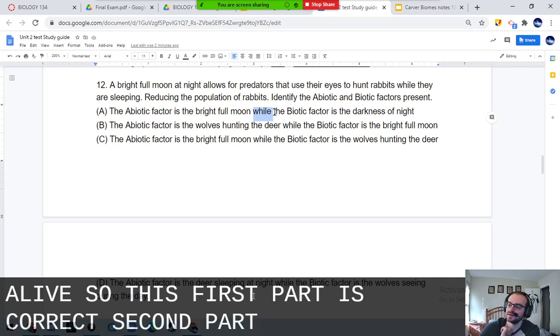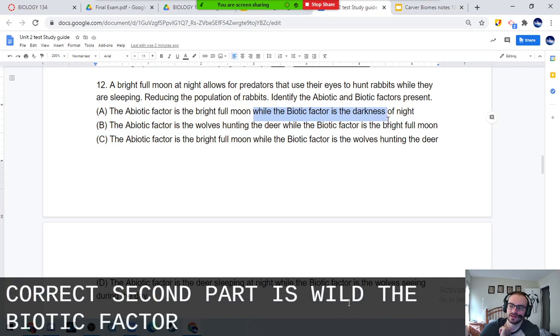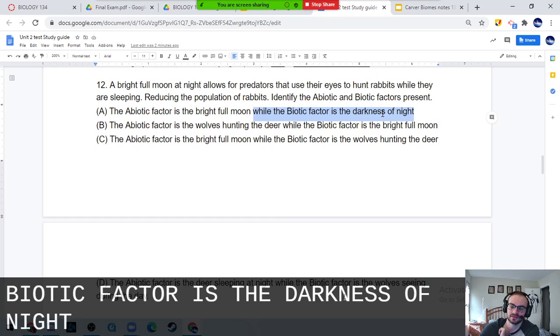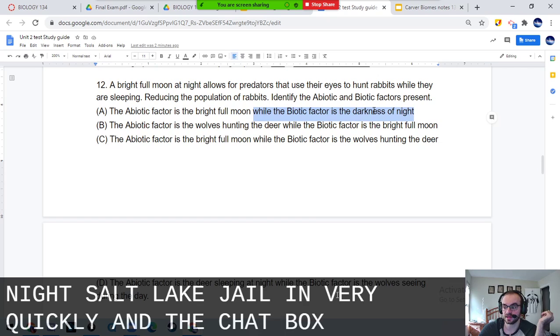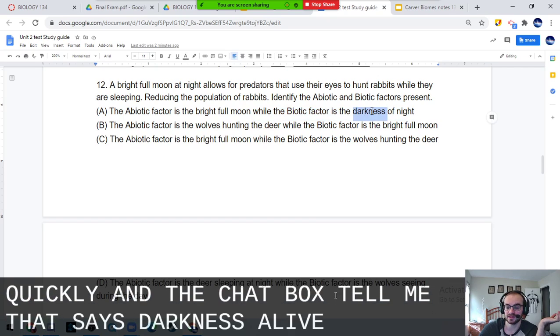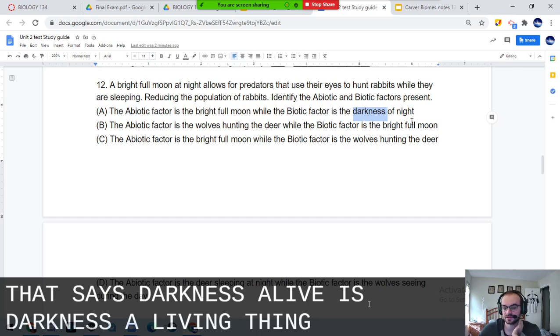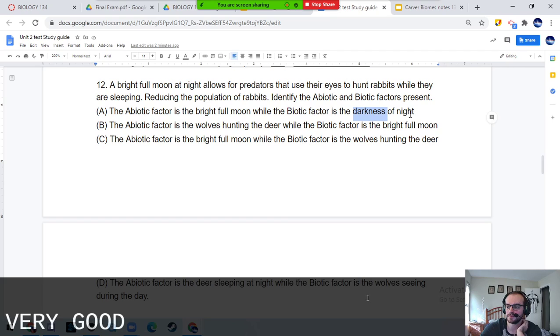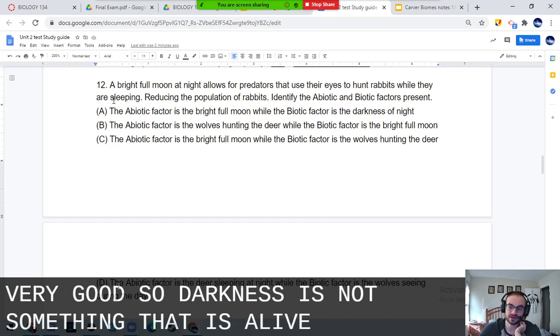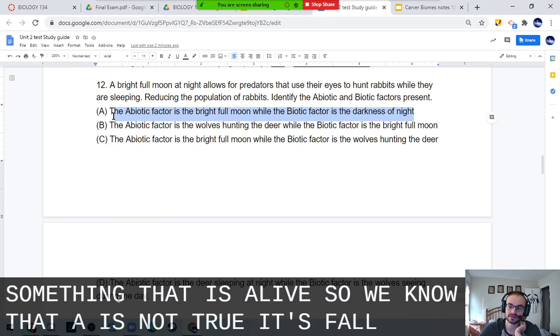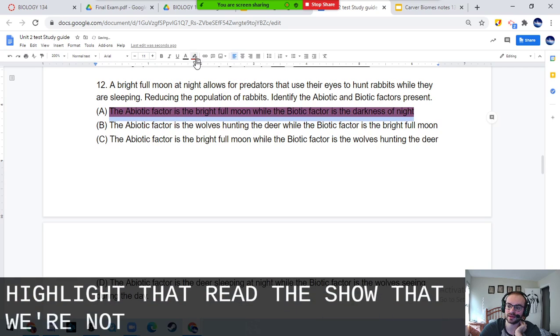Second part is while the biotic factor is the darkness of night. So, ladies and gentlemen, very quickly in the chat box, tell me this. Is darkness alive? Is darkness a living thing? Yeah, very good. So darkness is not something that is alive. So we know that A is not true, it's false. I'm going to highlight that in red to show that we're not picking it.